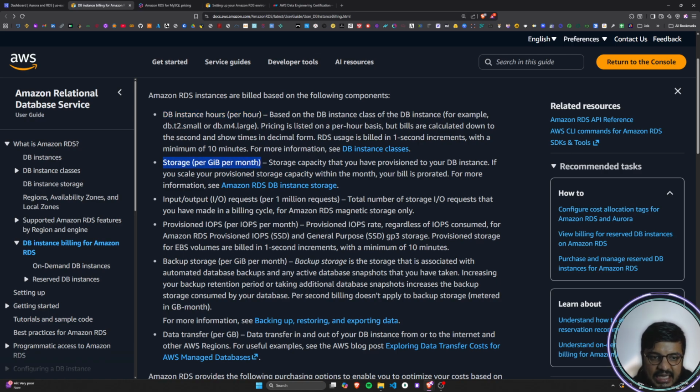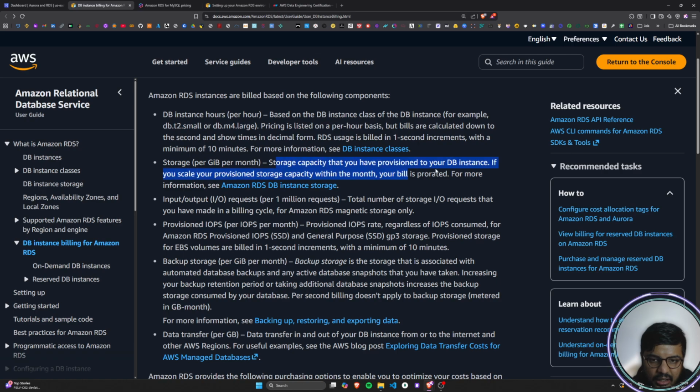Now we are charged for storing the data. For storing the data, we will be charged on a per GB per month basis. This is the storage capacity that you have provisioned to your database instance. If you scale your provisioned storage capacity within the month, your bill will be prorated. For more information, you can go to this particular link.